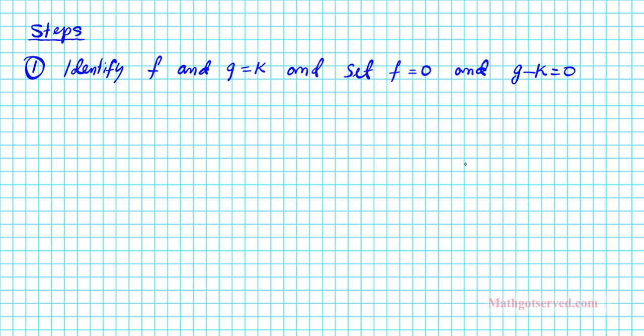After having this set up, you're going to create a new function. Let's just call it L. Give it whatever name you want. You create a function L, and it's going to be equal to your objective function f minus a new variable lambda times your constraint equation in the form g minus k.